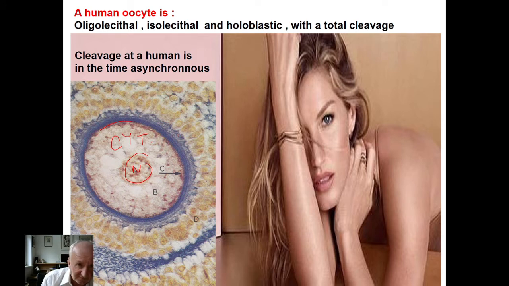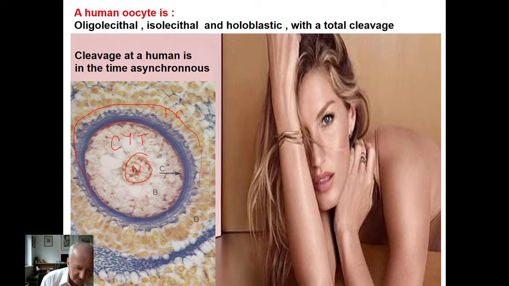And you see the first layer of follicular cells, which are still around the oocyte. This first layer of follicular cells is called corona radiata. That's the name for the typical first layer of follicular cells surrounding the oocyte.